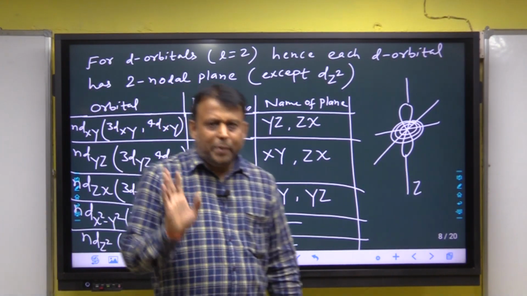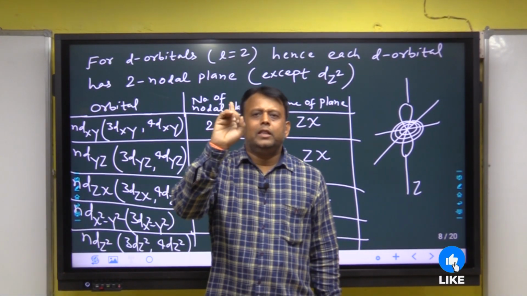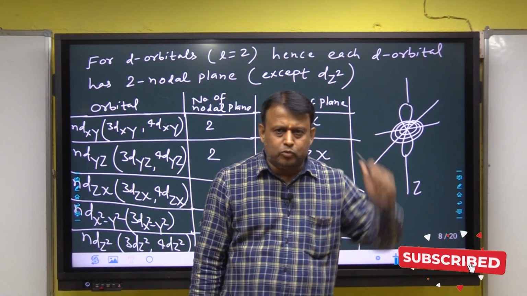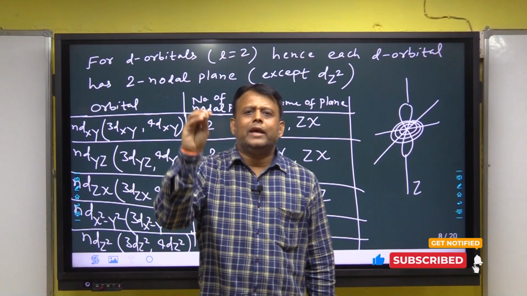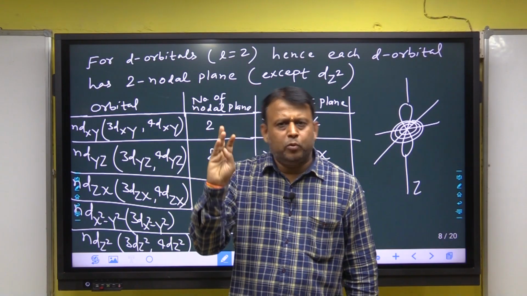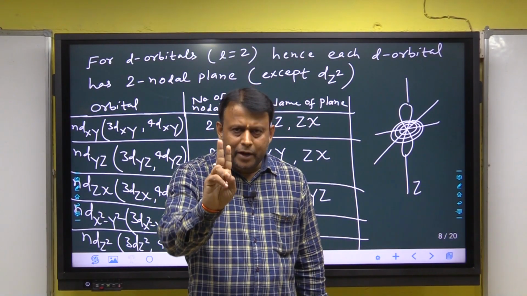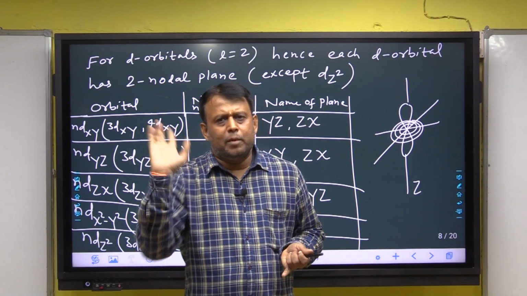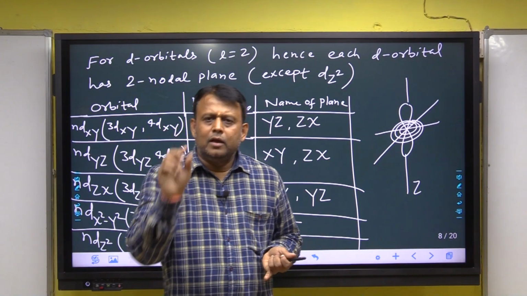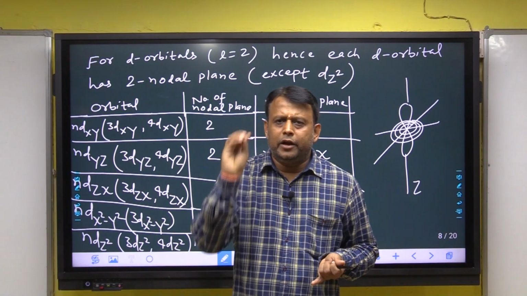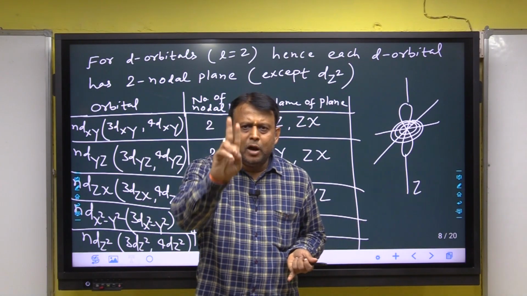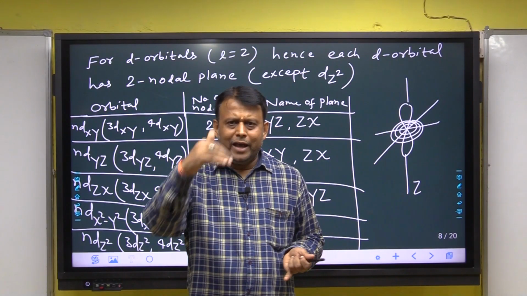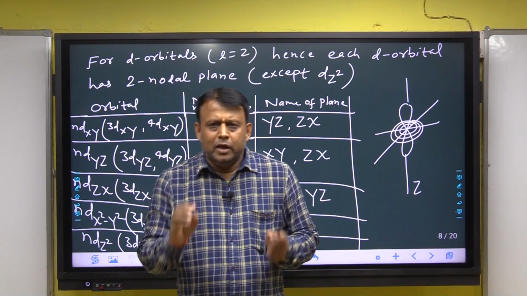Clear? I am repeating. Any d orbital has 2 nodal planes except dz square. Any dxy, 3dxy, 4dxy, number of nodal planes is 2, and in case of dxy, yz and zx are nodal planes. Second, any dyz, 3dyz, 4dyz, number of nodal planes is 2, and in case of dyz, xy and zx are nodal planes.